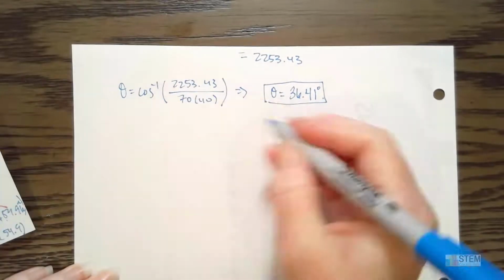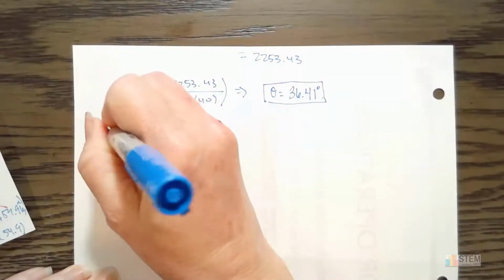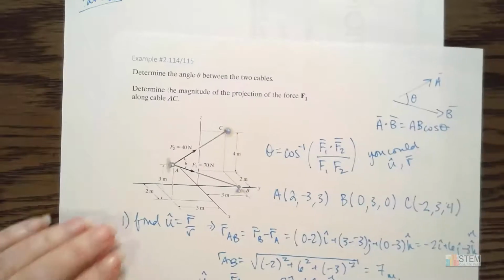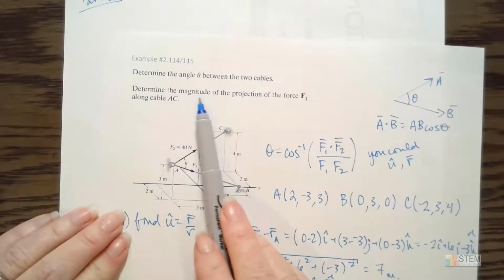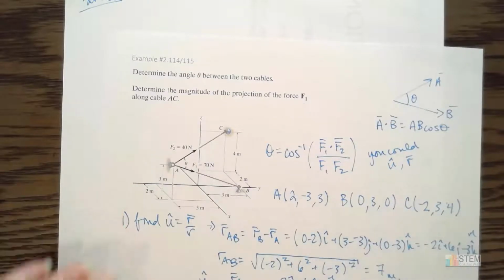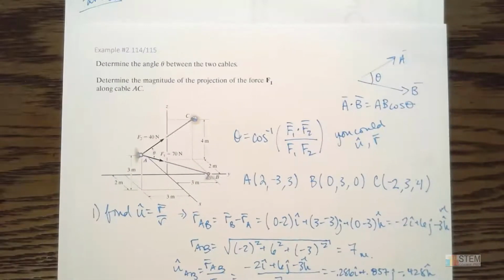Okay, so this was part 1, so here's part 2, and let's revisit part 2. So this says to find the magnitude of the projection of the force F1 along cable AC. Okay, well, when I teach this section, a lot of students read that question and they don't even really know what that is asking for.